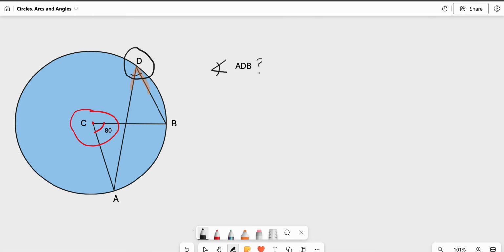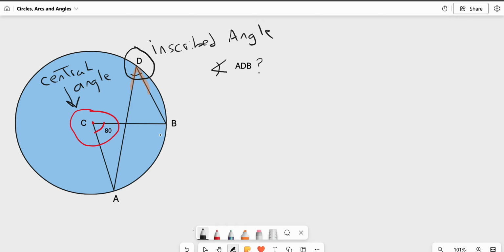Exactly. Yes, this is an inscribed angle. And this one here is a central angle, right? This one is a central angle.